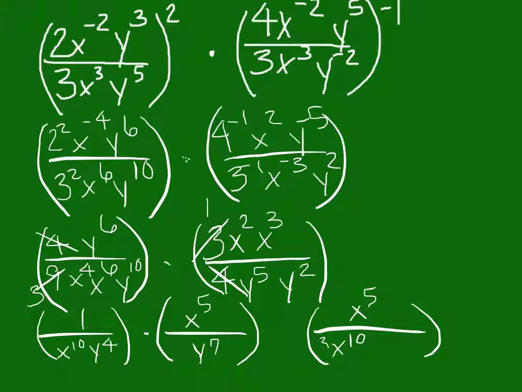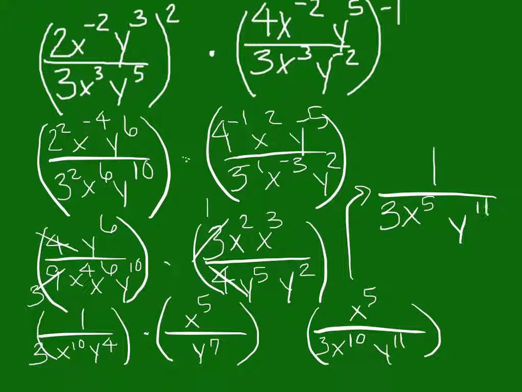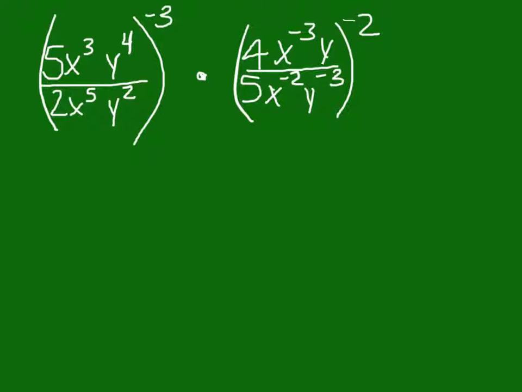Oh, and can't forget our 3. X to the 10th, y to the 11th, which simplifies to, there are 10 x's on the bottom and 5 on top, so that means there's 5 more on the bottom, leaving just a 1 on top. 3 y to the 11th. So your final answer would be 1 over 3x to the 5th, y to the 11th.